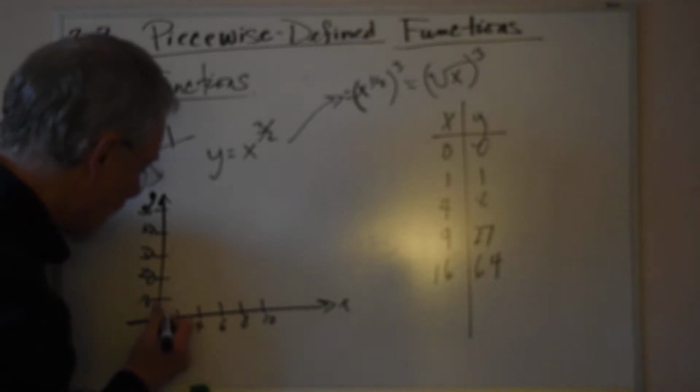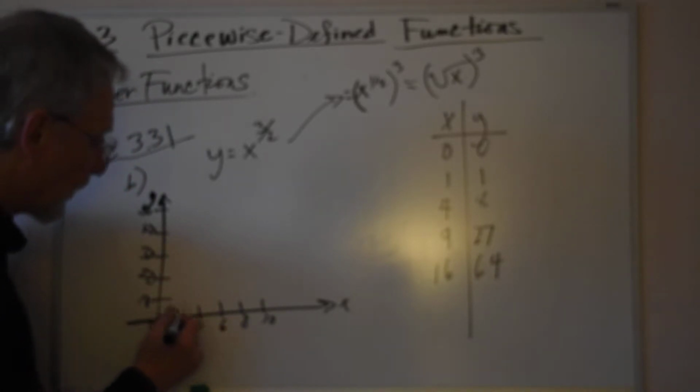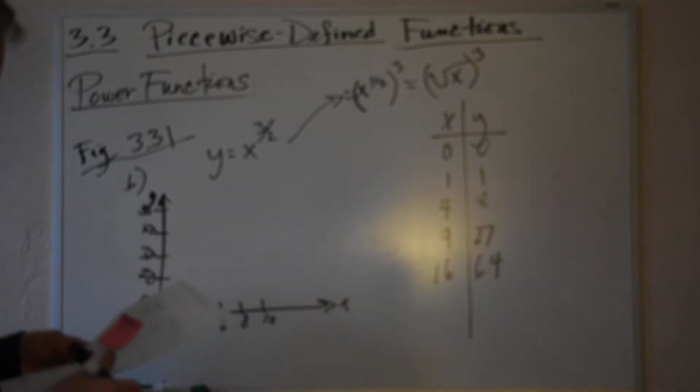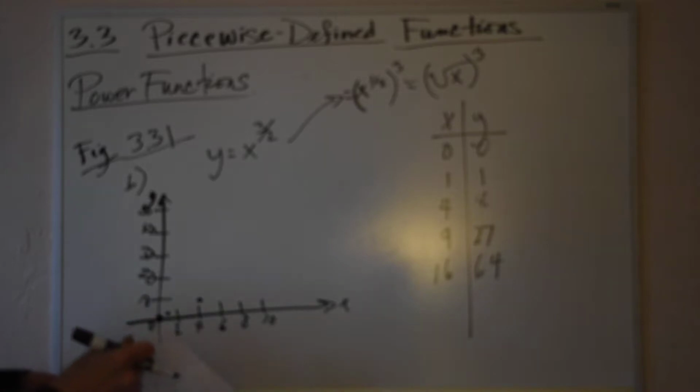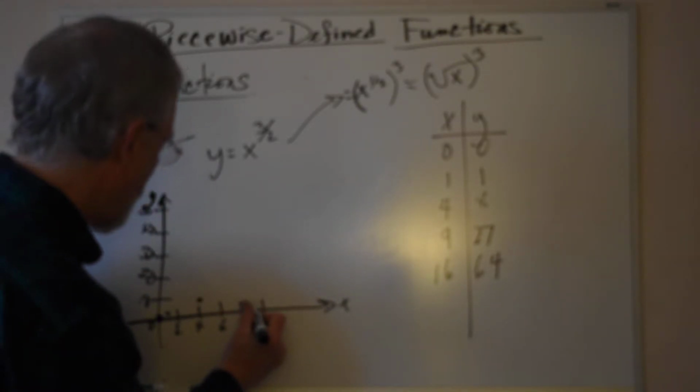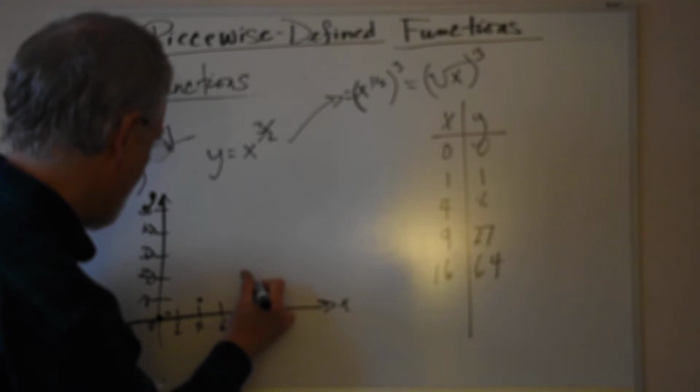When x is 1, y is 1. When x is 4, y is 8. When x is 9, y is 27.